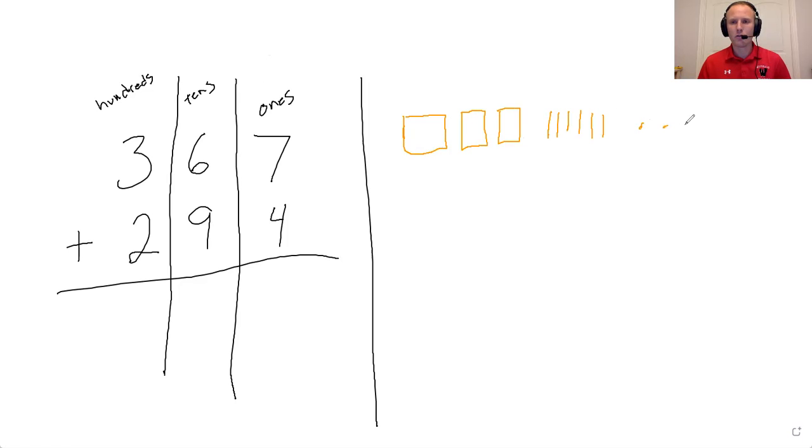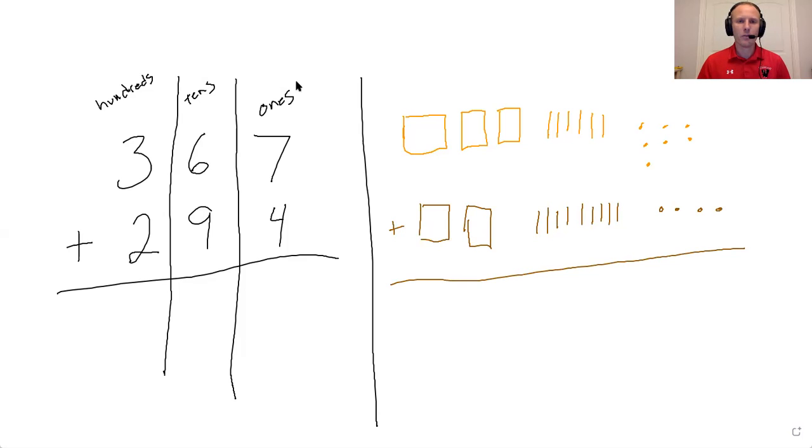And I'm adding that to 2 flats, again, each of those being 100. I have 9 longs, and 4 cubes, 4 ones. So I'm adding these together.